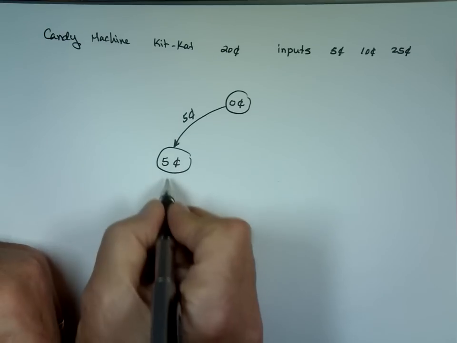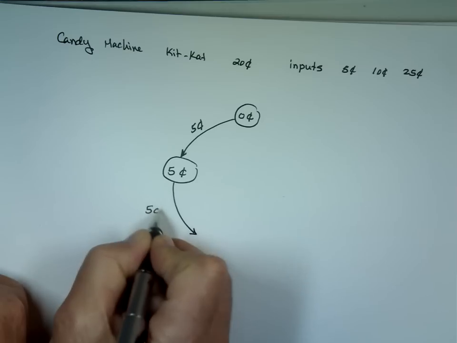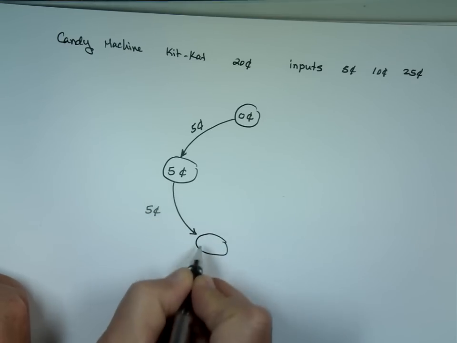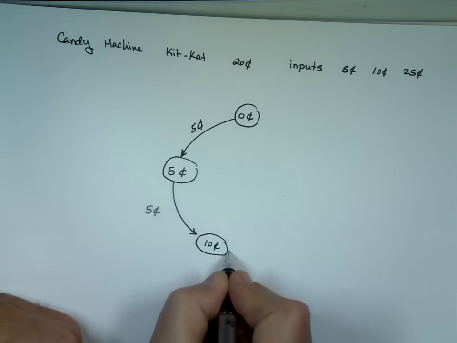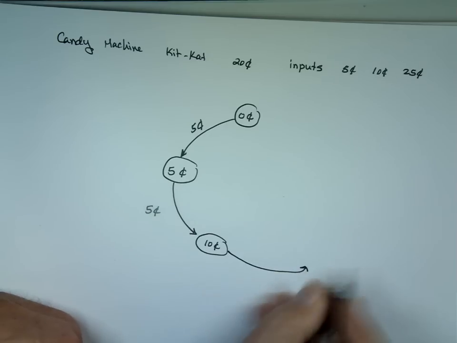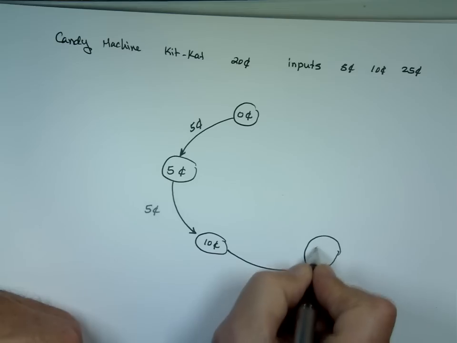And if you're at the 5 cent state and you put another 5 cents, you're going to be where? At 10 cents. You're not getting any candy yet. If you're at the 10 cent state, you put 5 more cents, where do you go? 15 cents.